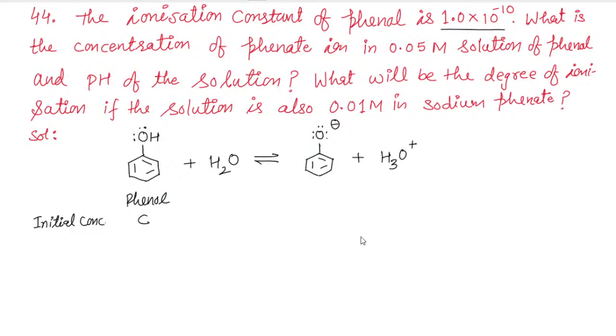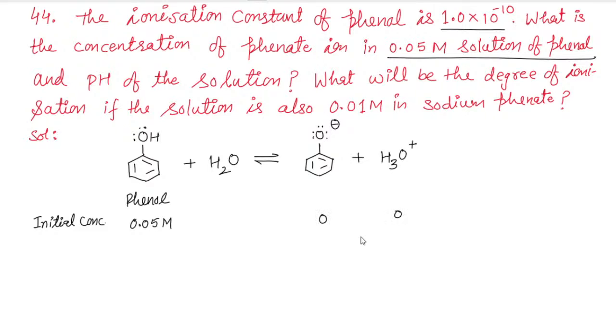Now let us take initial concentration of phenol, it is C. Here it is given actually, so initial concentration is 0.05 molar, because what is the concentration of phenate ion in 0.05 molar solution of phenol? That means initial concentration of phenol is given to us, it is 0.05 molar, and initially the products are 0.